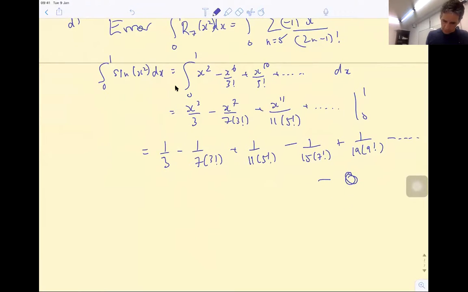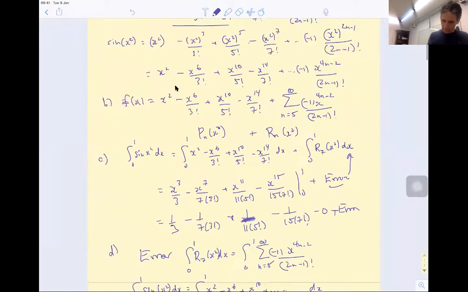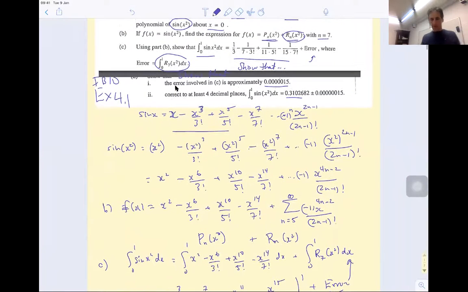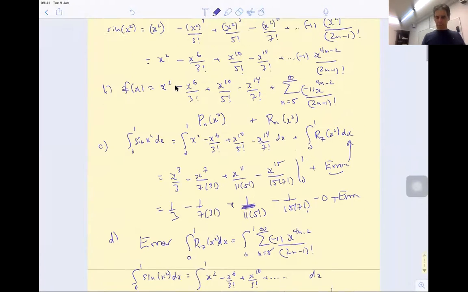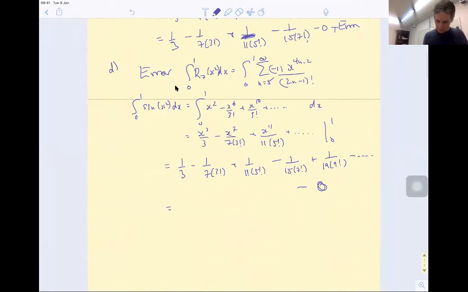So our approximation, because the question was asking us, we go back to the question for a sec, to show that the error involved with this approximation is about this number here. Okay, so to do that, let's say that this thing is actually equal to this first bit.